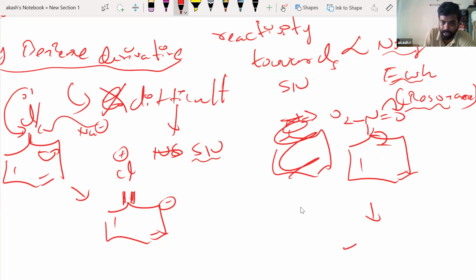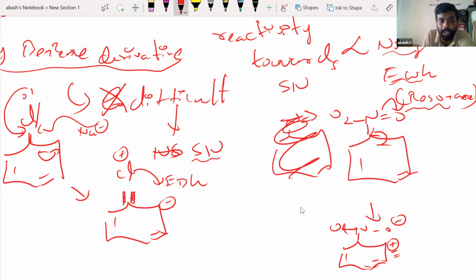So if I draw the resonance structure, it would be NO minus, with a coordinate bond, and this carbon would have a positive charge, other things remaining the same. So in the benzene ring, you will find only positive charges. But if you have an electron donating group like chlorine or OH or anything else, you are seeing negative charges throughout the ring. But if I have an electron withdrawing group, there is positive charge throughout the ring.